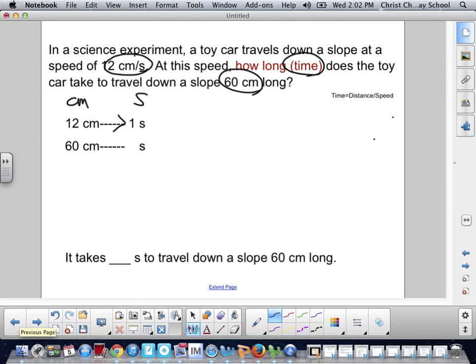Well, since we know that 12 is a factor of 60, I can think to myself, okay, 12 times what will give me 60? If you need to pause the video right now to figure that out, go ahead and pause, and then come back when you figure it out.